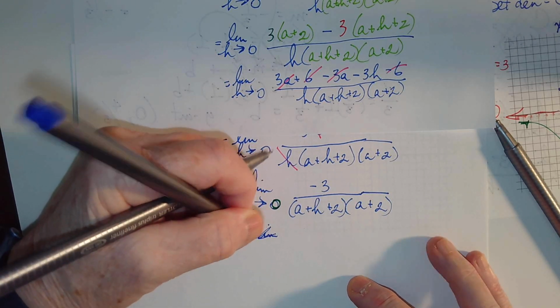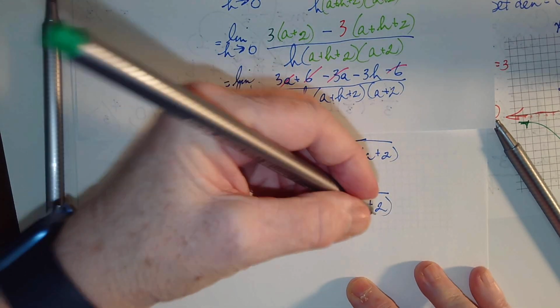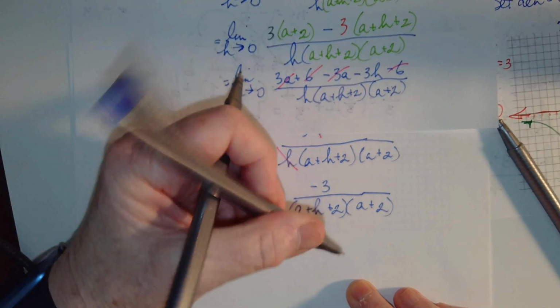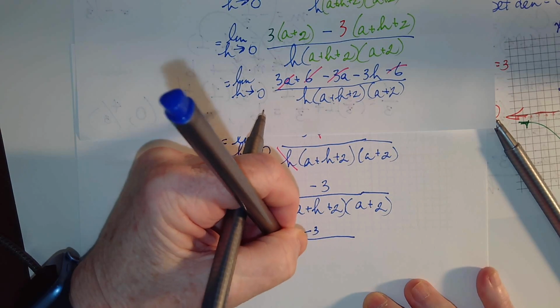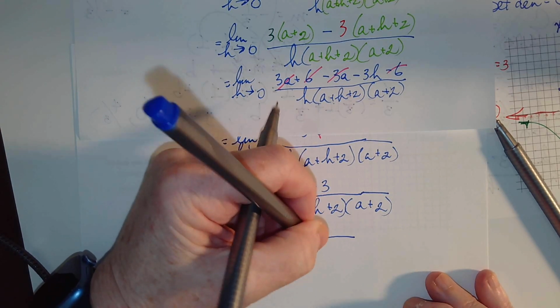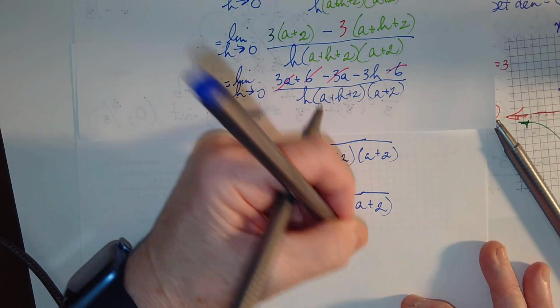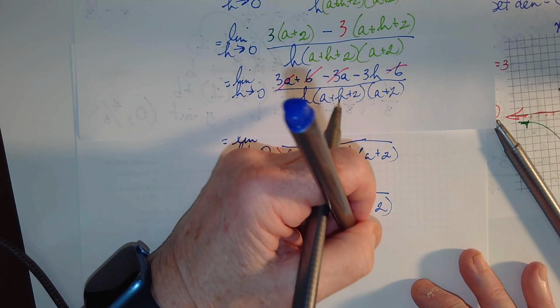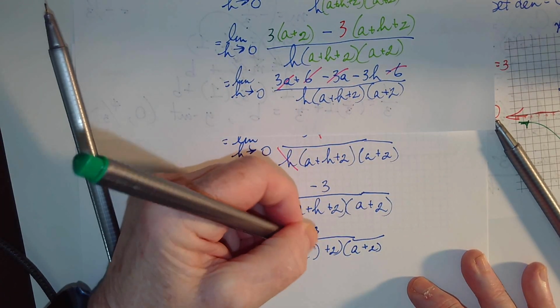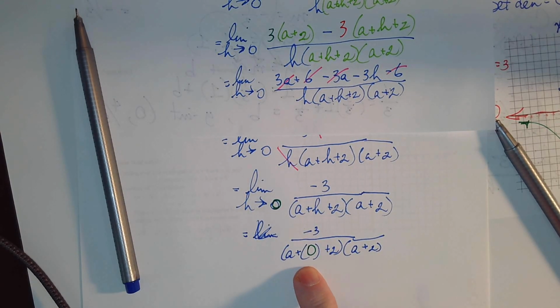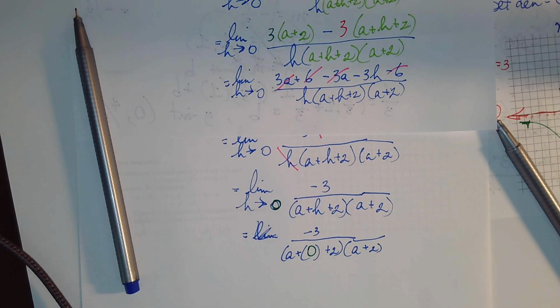We're taking the limit. So we have negative 3 divided by a plus something plus 2 times a plus 2, and we're filling in a 0 for the h. I do want you to show this step where you're letting h be 0.